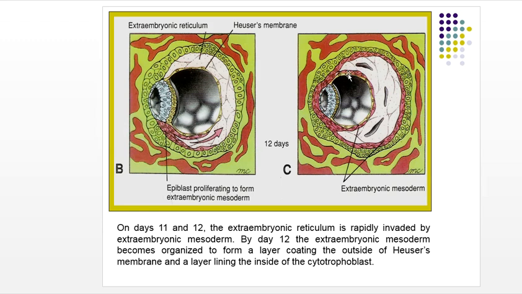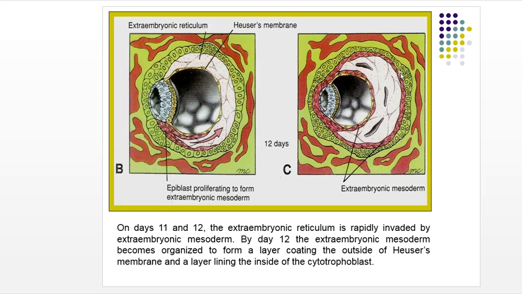The layer that directly covers the yolk sac is named the splanchnic layer, and the layer that covers the inner surface of the cytotrophoblast, these red cells, is the somatic layer of extra-embryonic mesoderm.